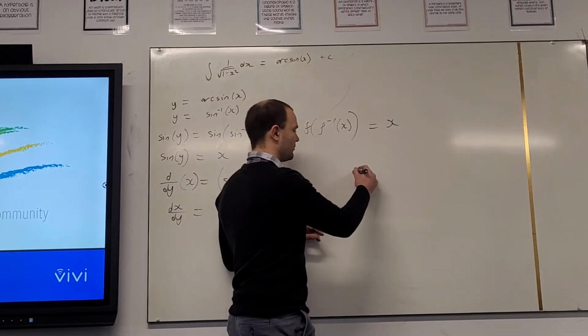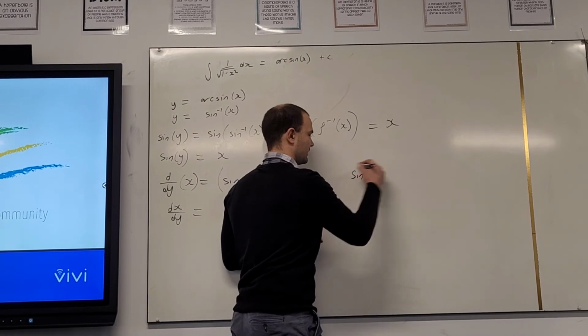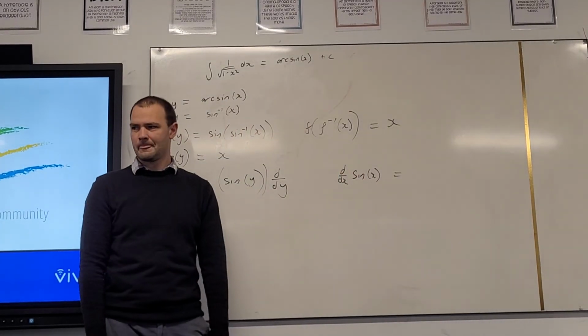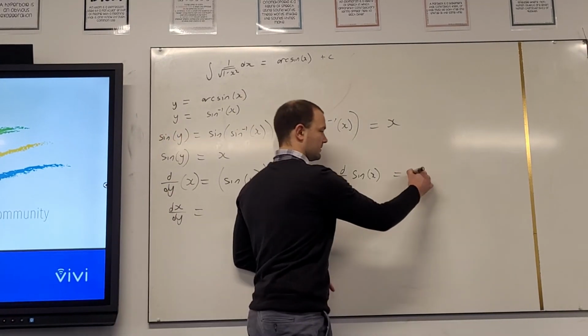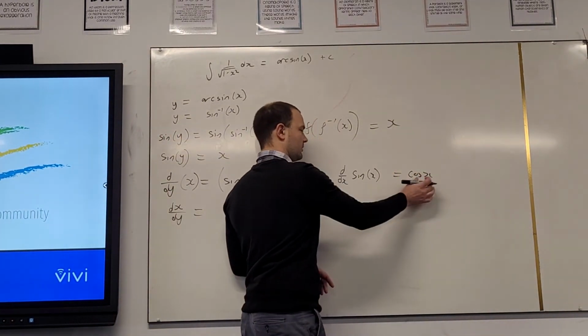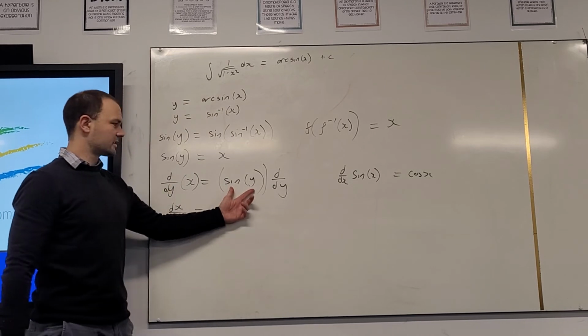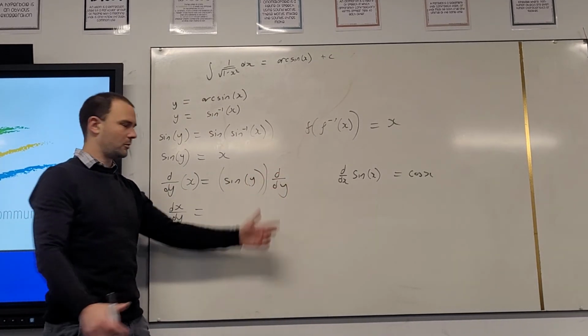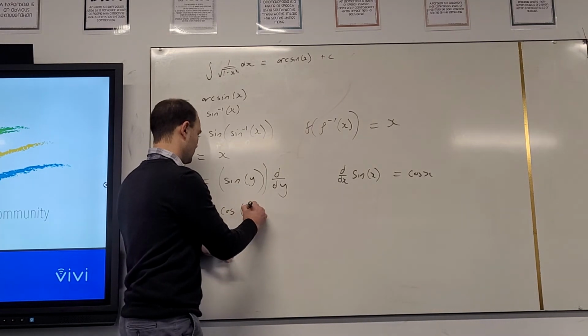What's the derivative of sine x? Okay, let's think about it like that. What if we differentiated sine x with regards to x? Okay, what's that going to be? Cos of x. When you differentiate sine, you get cos. So what if we differentiate sine y with regards to y? What's it going to be? Cos y. Alright, so over here we've got cos of y.